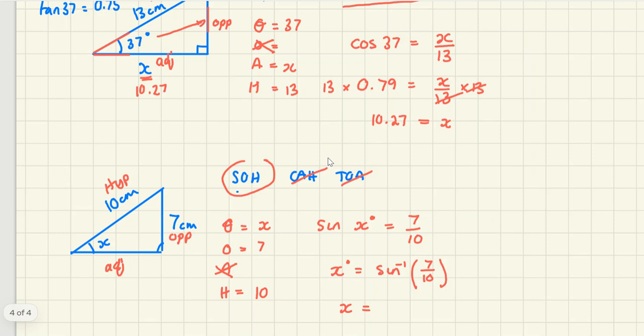You will have a sin, cos, tan button, and above them there is the inverse, so you press that, then 7 over 10. 44.4. Okay, and that makes sense. That looks like a reasonable angle.